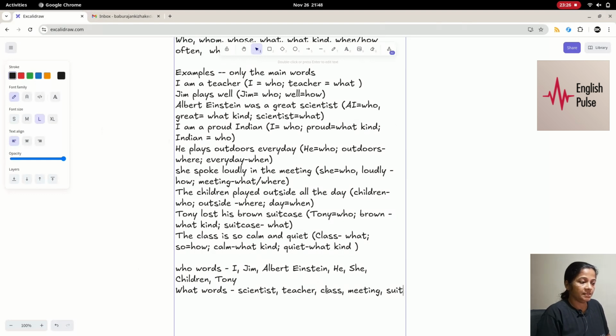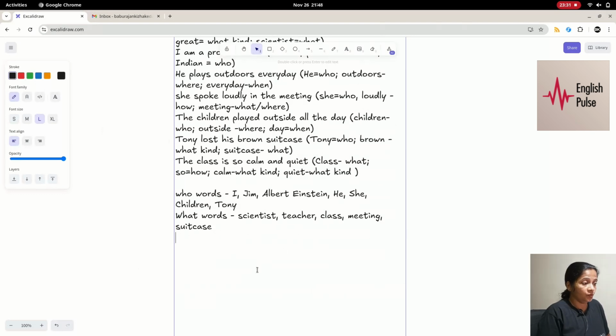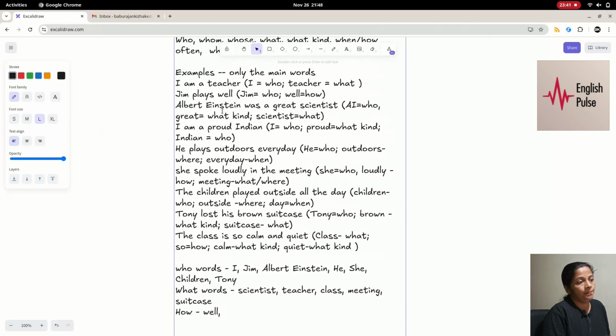Meeting, suitcase. These are the what words. Then how words: he played well. Then how: she spoke loudly, that is how.